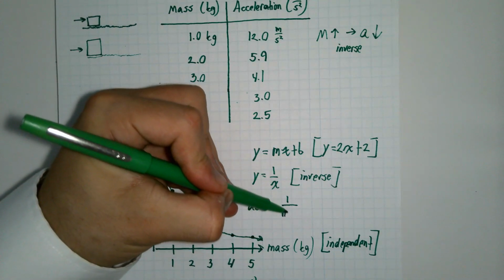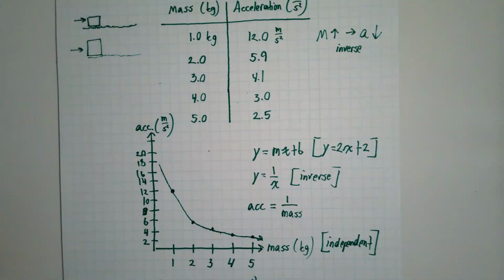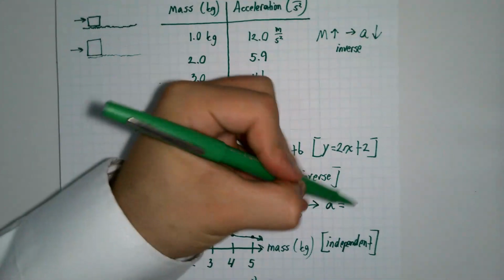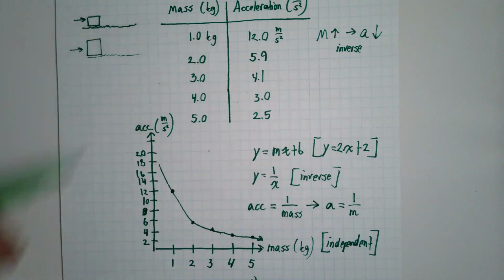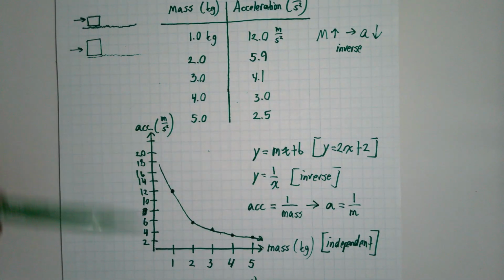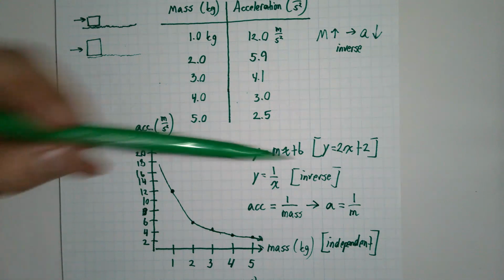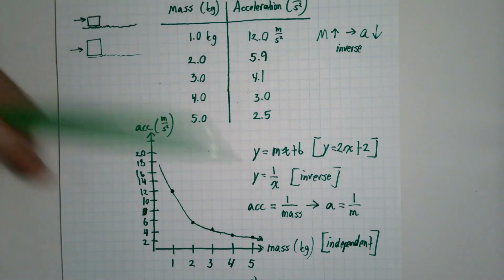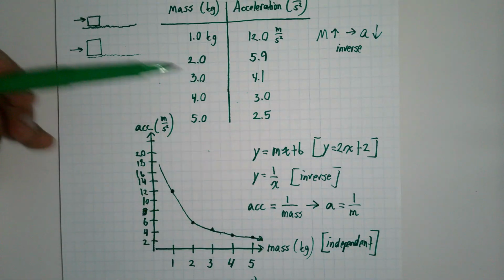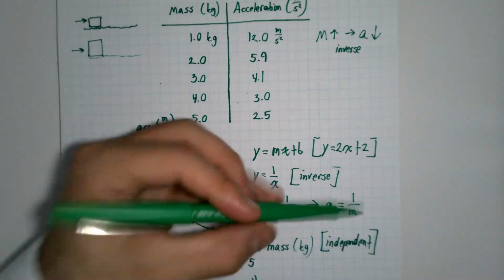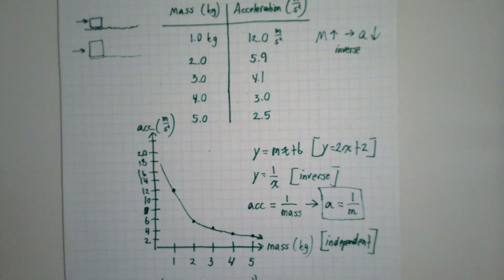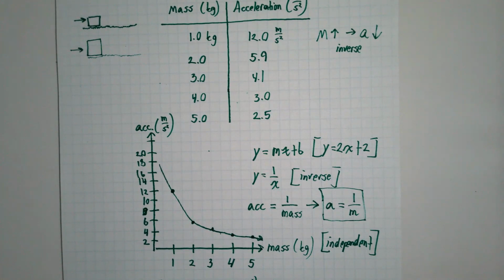Mass. Or maybe put more simply, a for acceleration equals 1 over m, representing mass. Where a is the same thing as y, right? It's the measurement that's on my y-axis. And m, standing for mass, is whatever is on my x-axis, my independent variable. So this is the equation that describes the relationship between acceleration and mass.